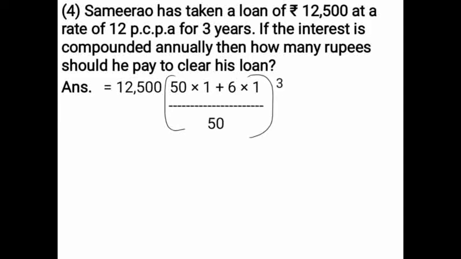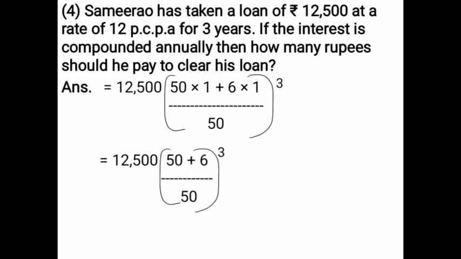In the bracket now you have to multiply on numerator, which you already wrote in cross multiplication form. That is equal to 12,500, 50 ones are 50 plus 6 ones are 6 upon 50 bracket raised to 3. On numerator in bracket, add this.